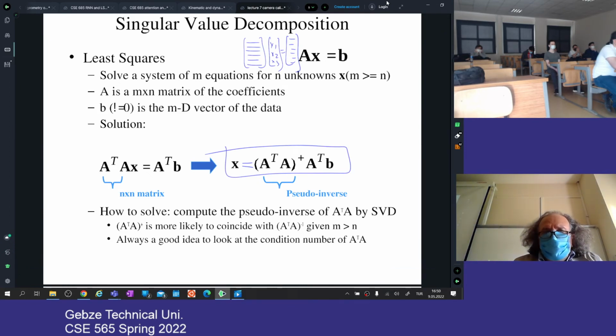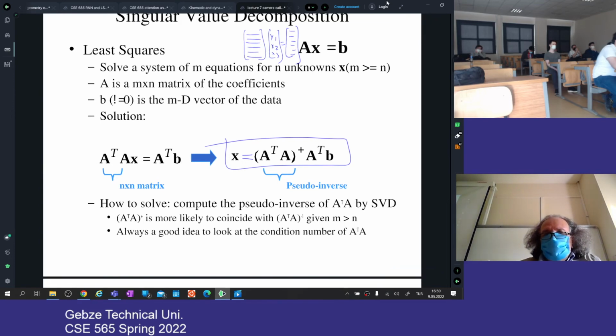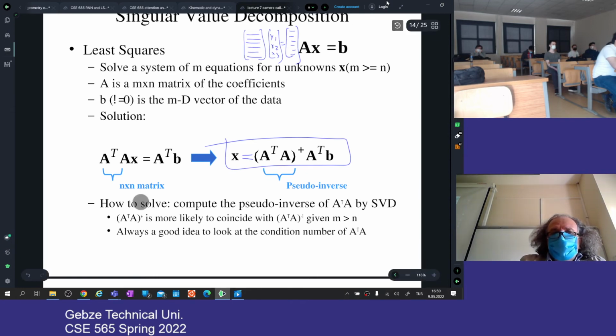So what are you going to do? You do the singular value decomposition, calculate A^T A plus, and multiply it with A^T and then b, and that will be your singular value solution for your least squares problem. How to solve this?